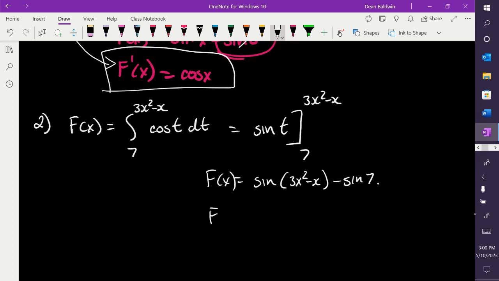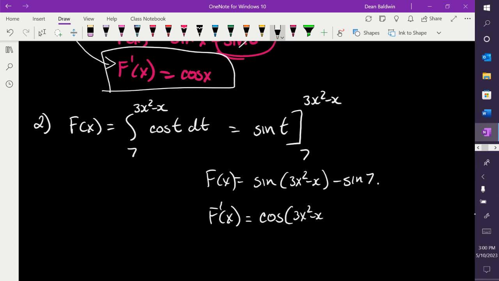Now I want f primed, so I go backwards. What's the derivative of sine of 3x squared minus x? What rule do you need to use here? The chain rule. The chain rule says the derivative of sine is positive cos.